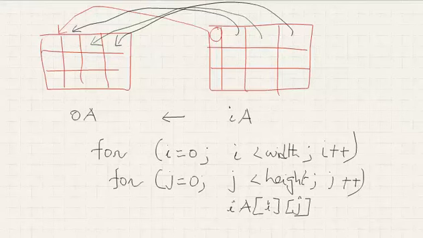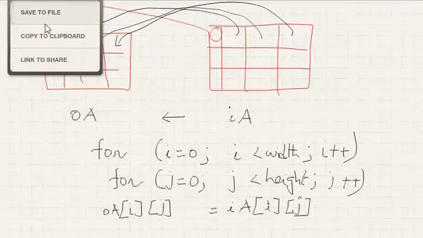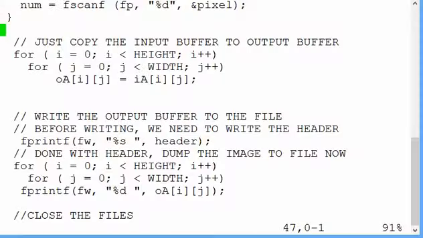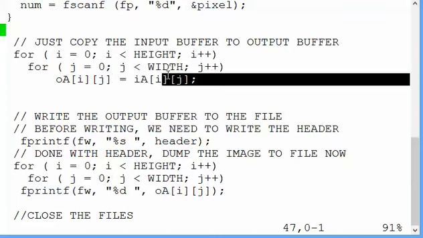It's a two-dimensional data. That's it. A plain copy. All right. Okay, this part is the copying.